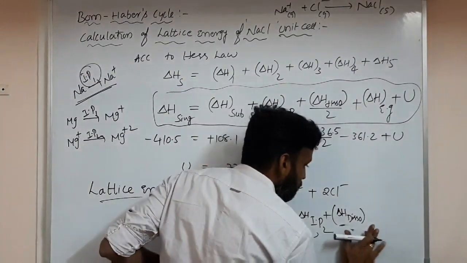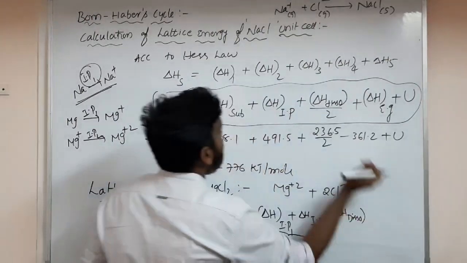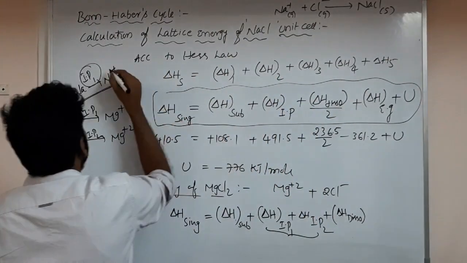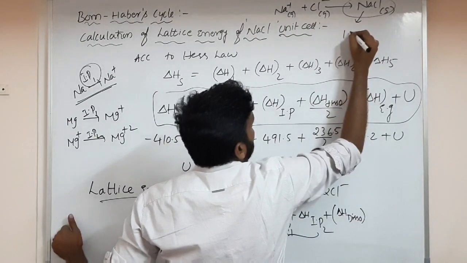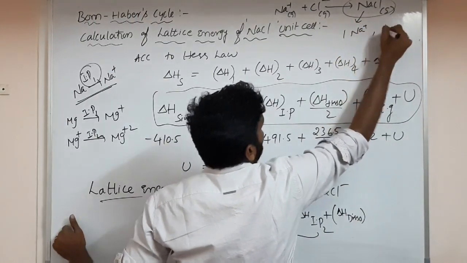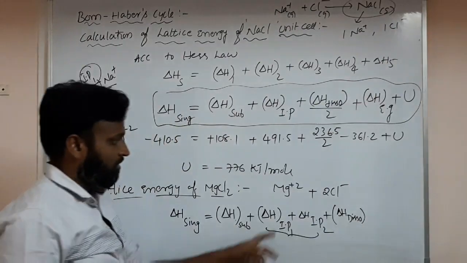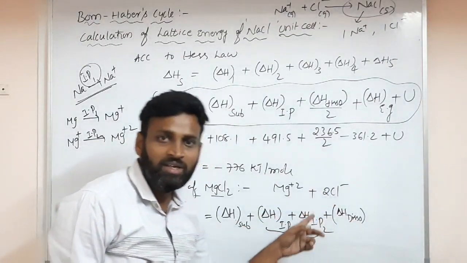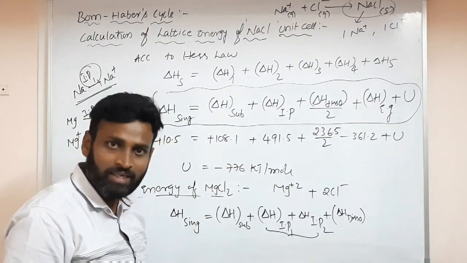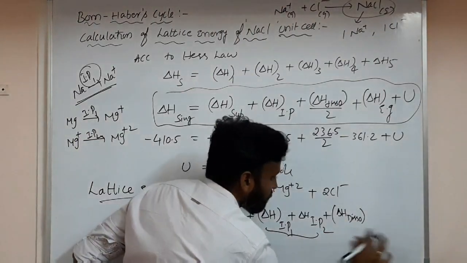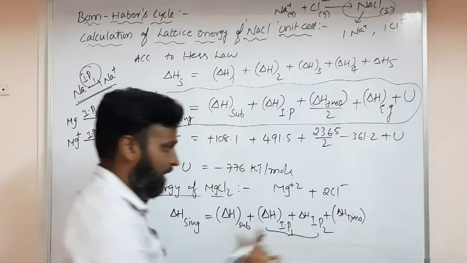No. Why not? For NaCl, just one Na plus and one Cl minus. But for MgCl2, 2 chlorines are required. So we have no need to divide by 2.